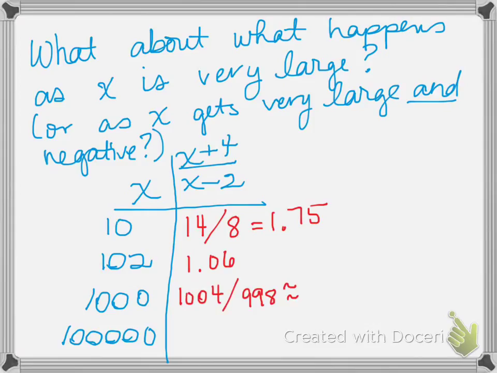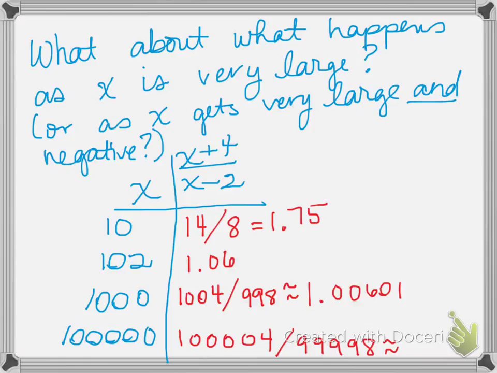When x is 1,000, we get 1,004 over 998, which is about 1.00601. When x is 100,000, we get 100,004 over 99,998. Let me compute that, and I get about 1.000060.